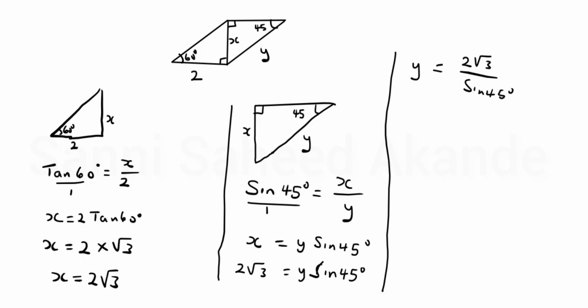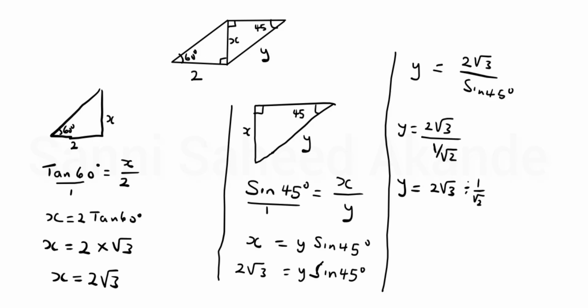So y now will be equal to 2 root 3 divided by sine 45, which is given as 1 over root 2 from the special angles. You can write this as y is equal to 2 root 3 divided by 1 over root 2.